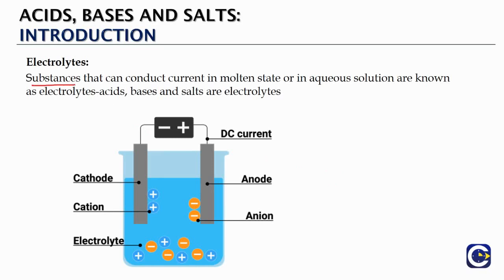Broadly, these three types of substances have something in common, and that is that they can conduct current either in the molten state or in the aqueous solution. If you melt them and keep them inside an electrolytic cell where we connect two electrodes, the anode which is positive and the cathode which is negative, and here we have the molten substance or the solution of the particular electrolyte in water.